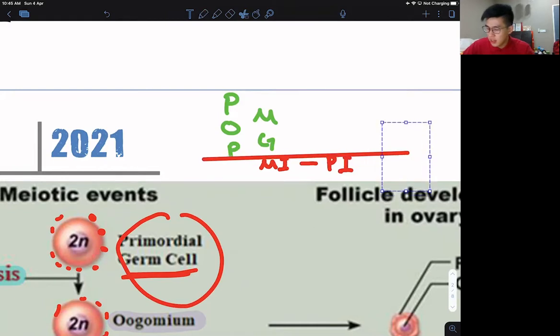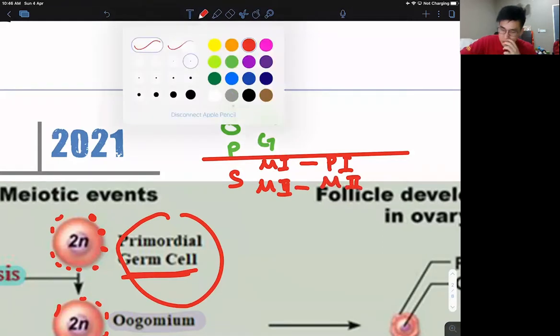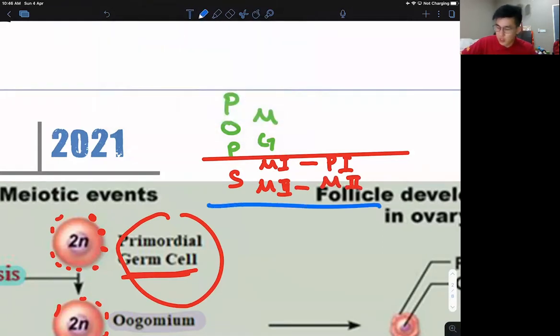From puberty onwards, the primary oocyte completes meiosis 1 to become a secondary oocyte. Then I undergo meiosis 2, but stop at metaphase 2. So when will I complete this process? I have to wait for fertilization. If fertilization occurs, I complete meiosis 2 and finally become an ovum.